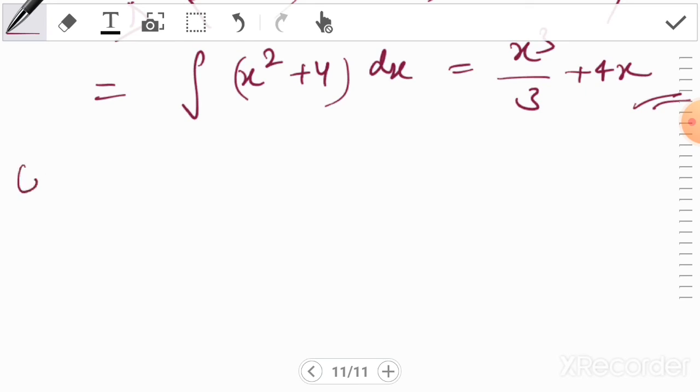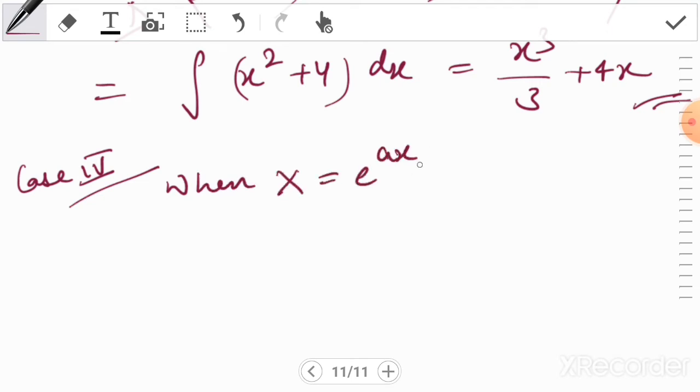Now case 4, when X is equal to e raised to the power ax times V, where V is a function of x. Okay.